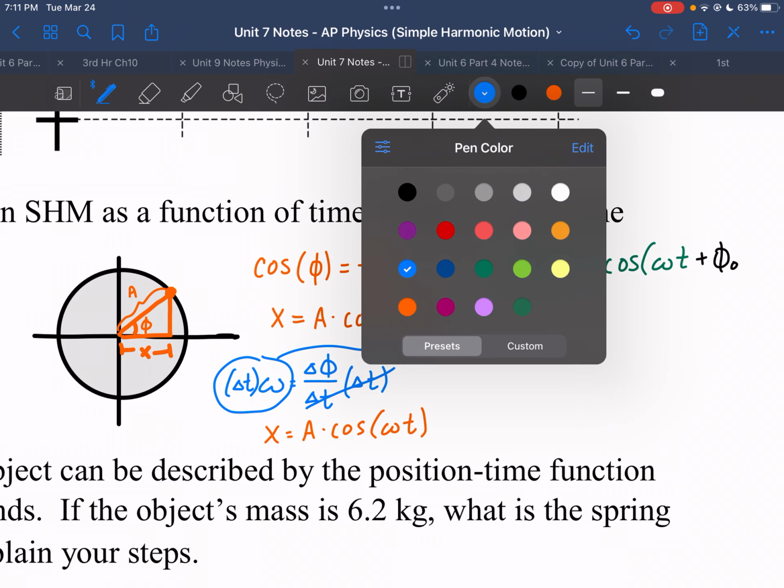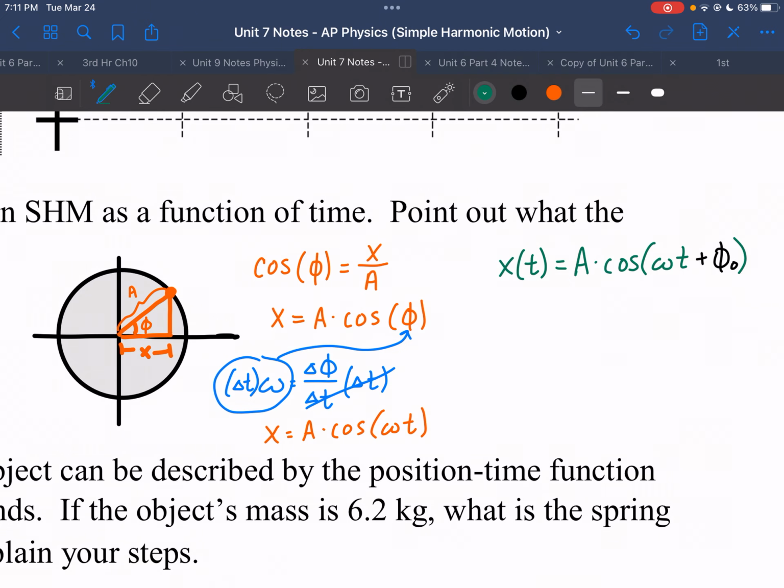Because this is really the change in your velocity, or the change in your angle, if you add on this phase shift, then that will say, okay, whatever your final angle is at, that's where you're looking. So this is called a phase shift angle.